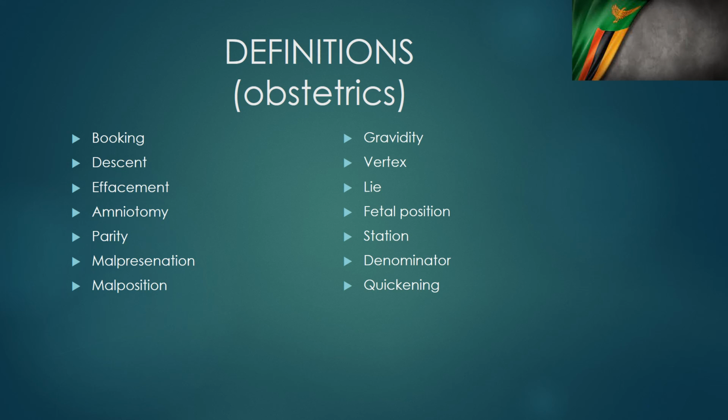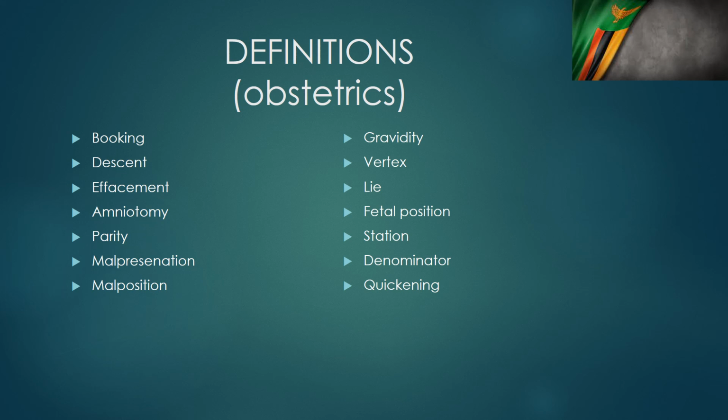Station is the relationship between the most dependent part of the presenting part and the ischial spines. So good station is below the ischial spine, bad station is above the ischial spine. We've already defined what a denominator is. It's that anatomical landmark that we use to describe the orientation of the fetus in the pelvis.